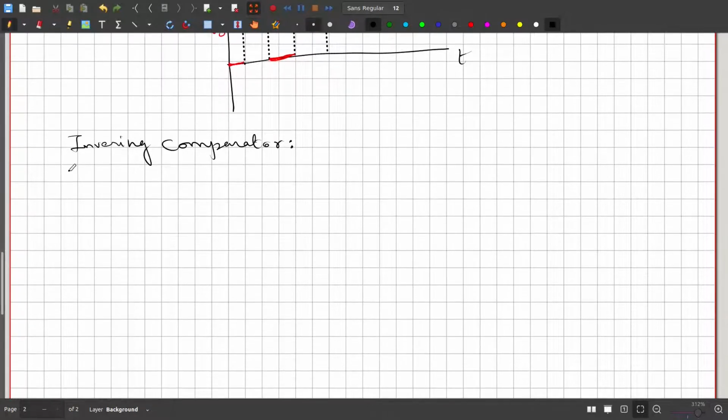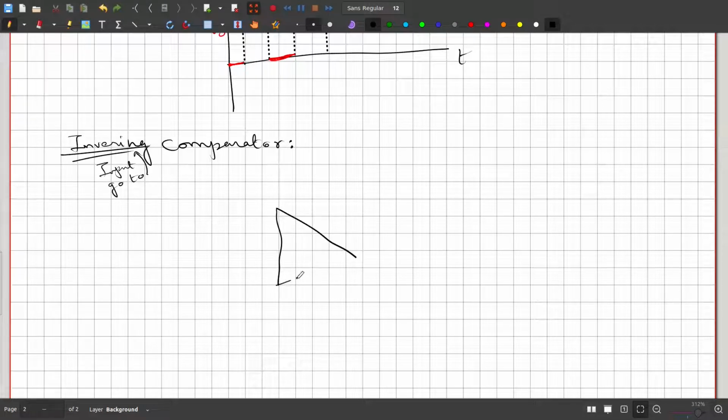Since this is an inverting comparator, the input is at the inverting terminal. Therefore, obviously, the reference goes to the non-inverting terminal. This is Vref.